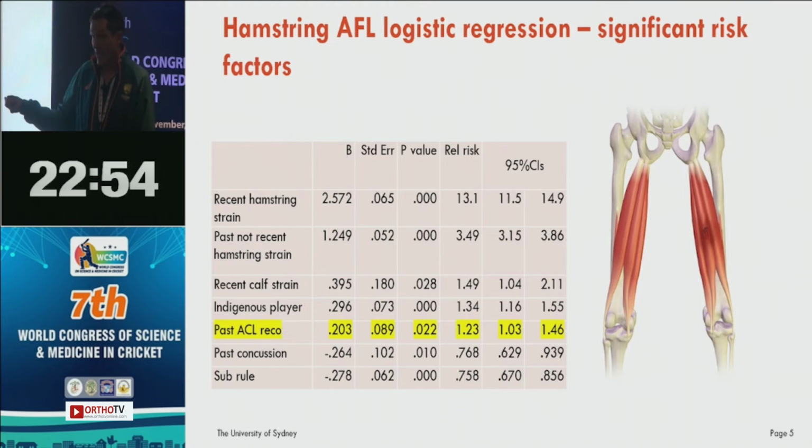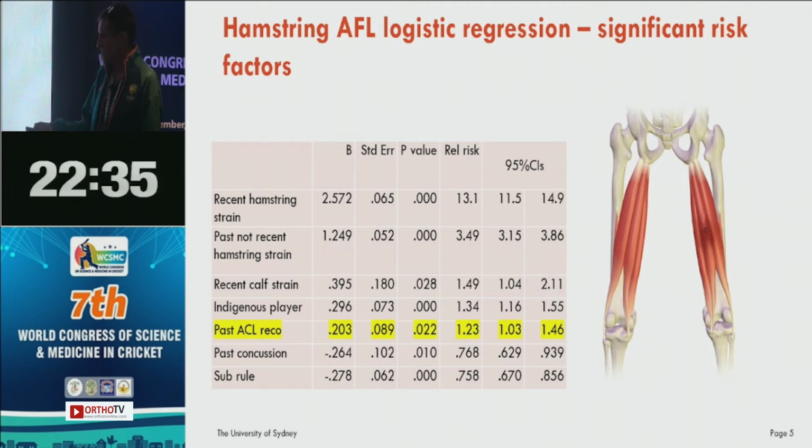This is from that Aussie rules data, and this one is worth a photograph if you've got your phone here. Some of the more minor factors are all quite interesting. The really common ones are recent hamstring strain, past hamstring strain, recent calf strain made you more likely to strain a hamstring.